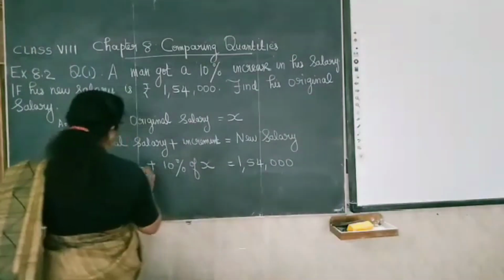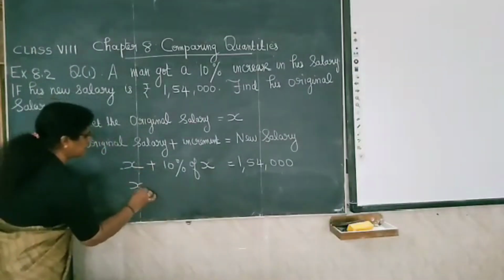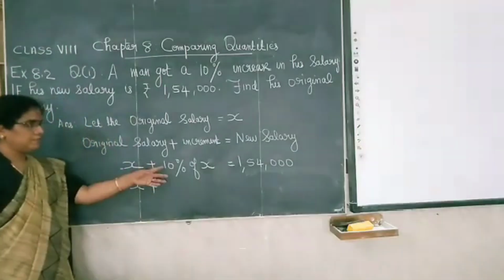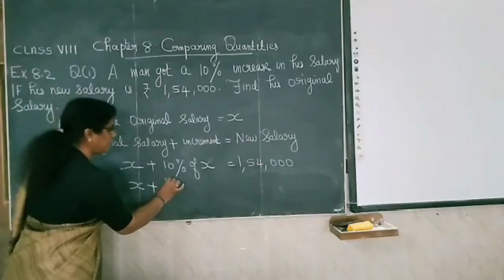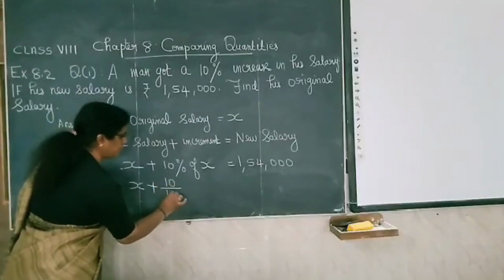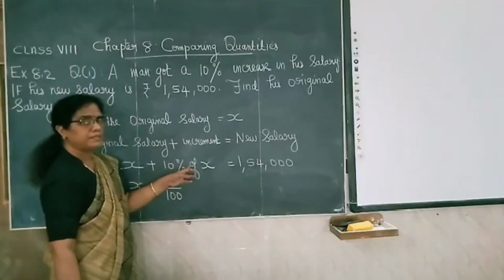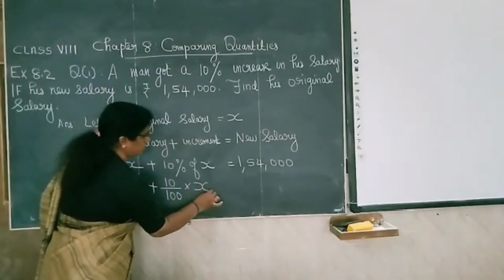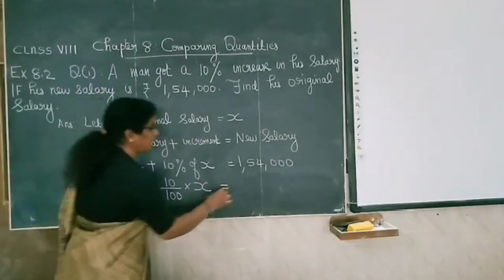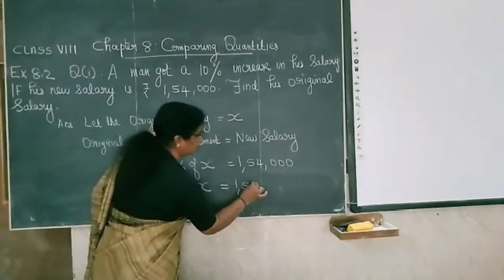So in the next step we can write it as X plus 10% converted to a number. The percentage symbol can be removed by writing 10 divided by 100. Then 'of' means the multiplication sign, then X, equal to 1,54,000.